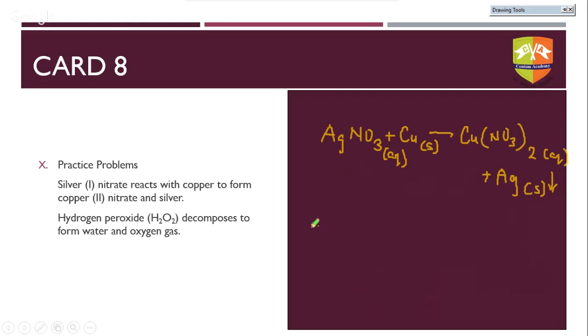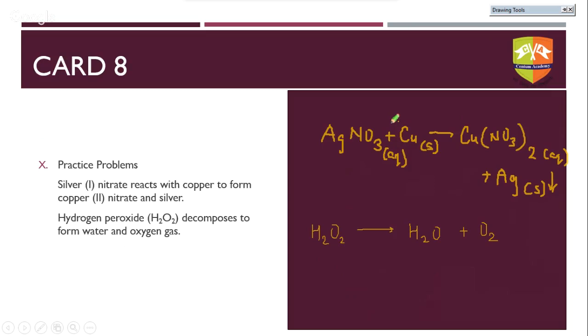Now let's look at hydrogen peroxide, where we have H2O2. H2O2 is going to decompose into water and oxygen. So all that has been given to us is that hydrogen peroxide decomposes into H2O plus O2. Please note again, in the above equation, we have not yet balanced.